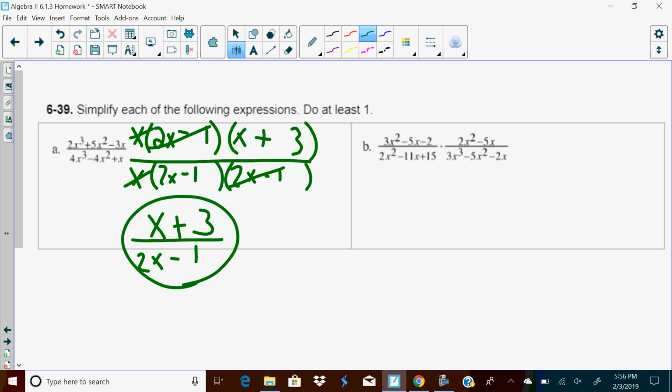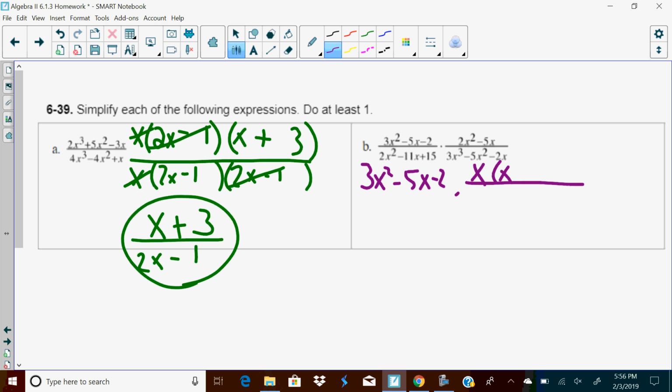And then the next one, these actually all cancel out. So I don't need, oops, sorry. I have to take an x out first. So I have to pull an x out of the top of that one, but then I can leave the bottom as 3x squared minus 5x minus 2, times, and the top I'm going to take out an x.